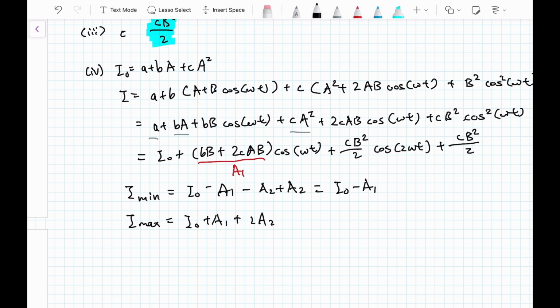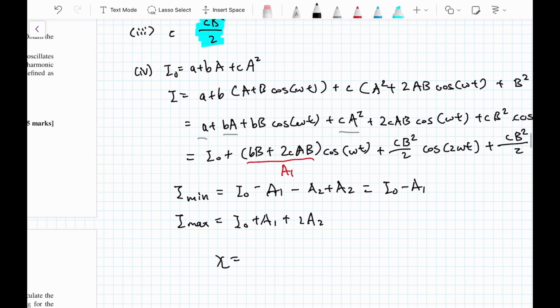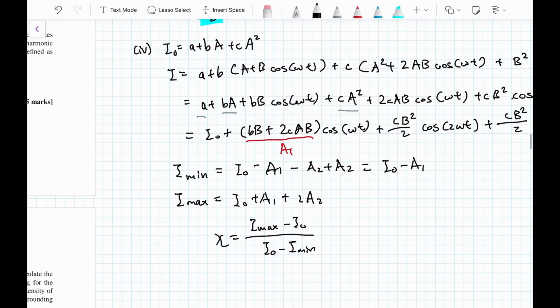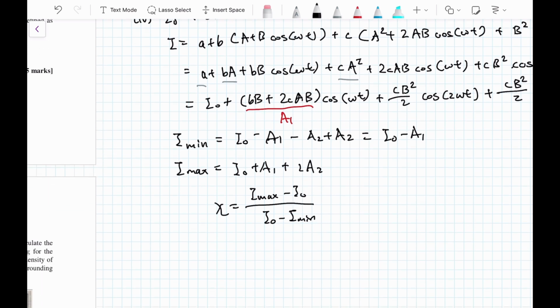Okay, and then one other thing we can do is create chi. So chi is equal to Imax minus I0 over I0 minus Imin. Imax minus I0 is just equal to A1 plus 2A2.